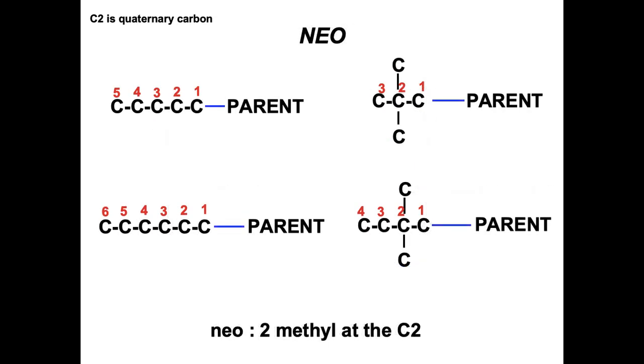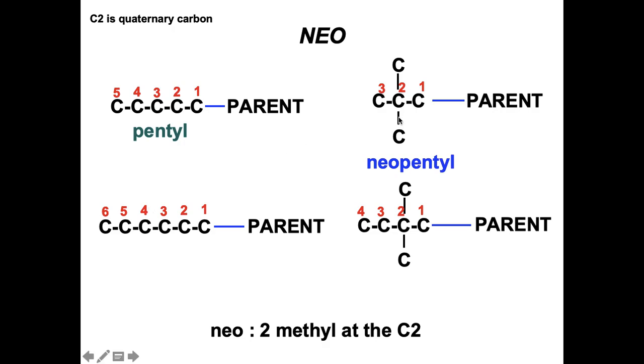The final one is neo. Neo is when you have carbon number 2 branch. Carbon number 2 branch is quaternary carbon. So this one is just a straight chain of 5 carbons, so it's pentyl, and this is hexyl, just a straight chain.